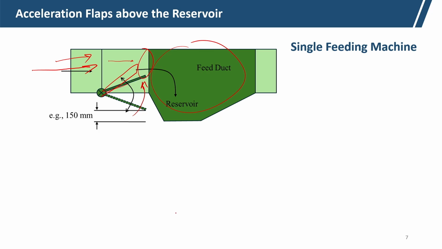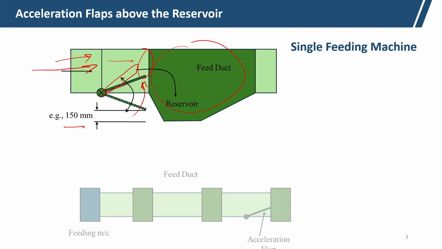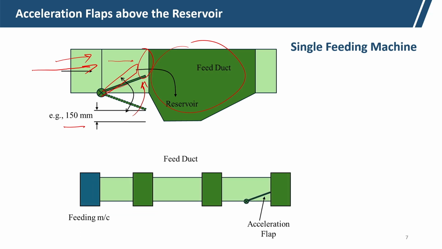So, the fiber is accelerated in that fashion by changing the setting of the accelerating flap. You can see here the feeding machine, feed duct and your accelerating flap. Towards the end, we want to keep the fiber flow, because otherwise pressure will reduce.